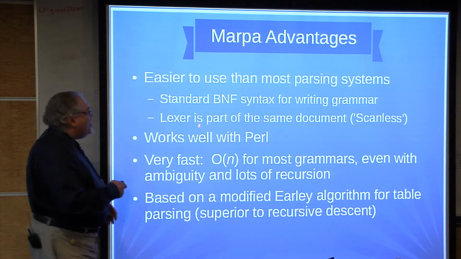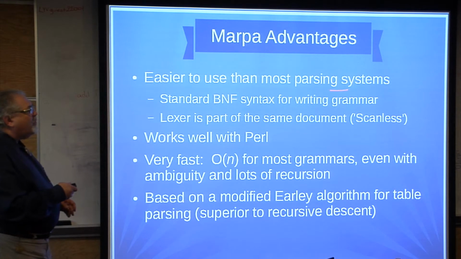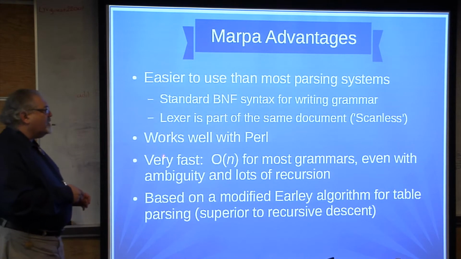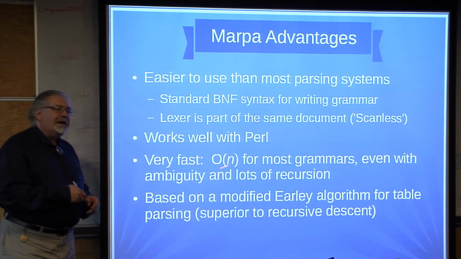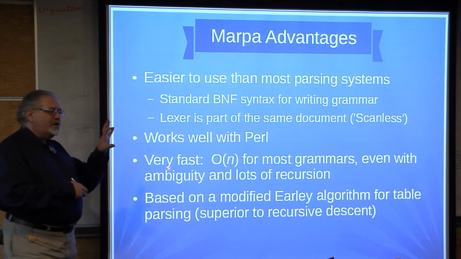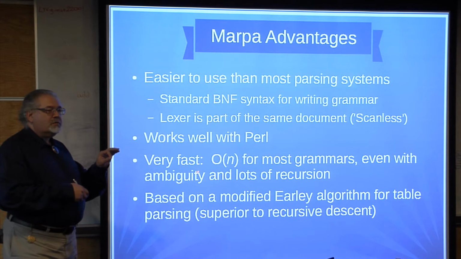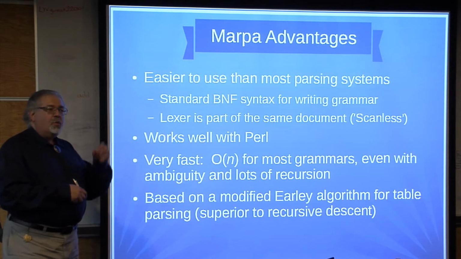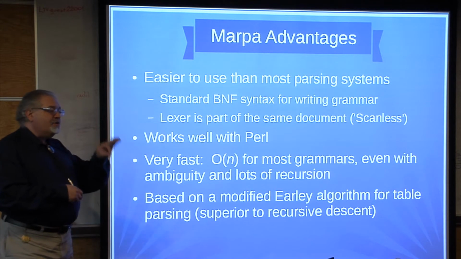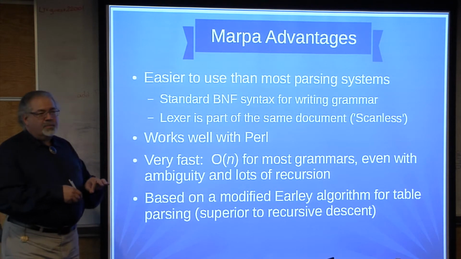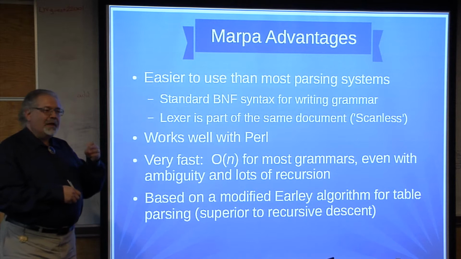So the advantage is that it's much easier to use than most parsing systems. A lot of you are familiar with Lex and Yacc, and you have to write a separate grammar, if you will, for Lex, the lexer, which is the first phase of parsing, where you're identifying tokens. That's your tokenizer. And then after you lex things, you can apply yacc, which is your compiler.